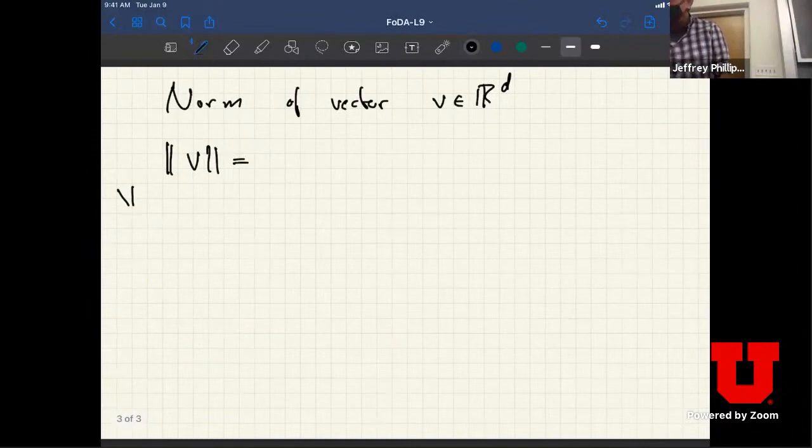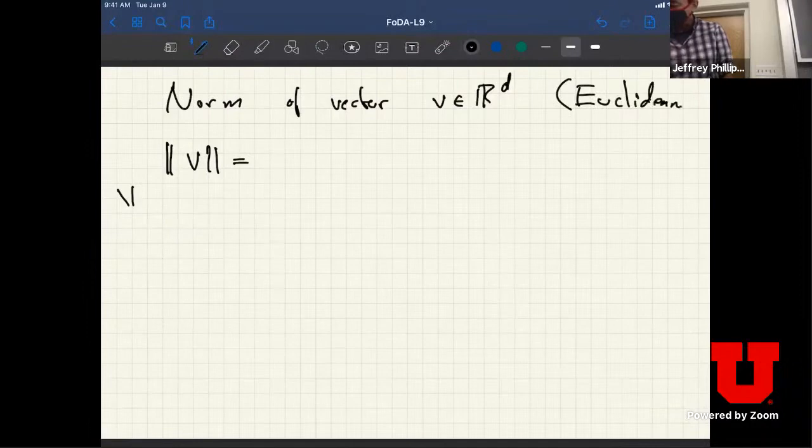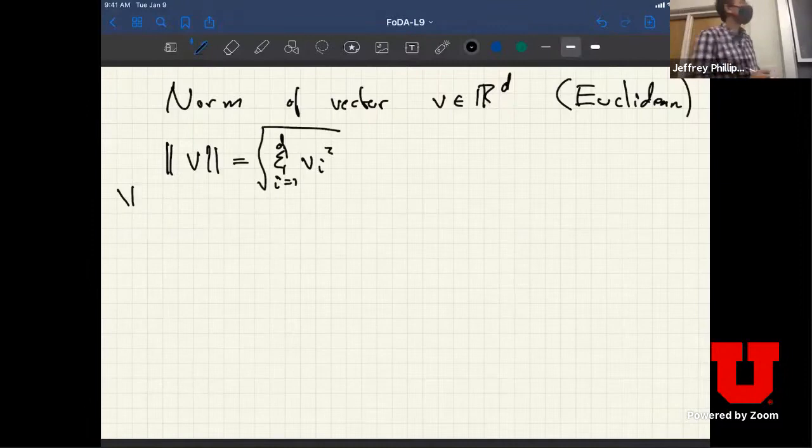Then I can formalize this as Euclidean distance. This is written as: I write all the coordinates, I square all the coordinates, I add them up, and I take the square root. This is the straight line distance.